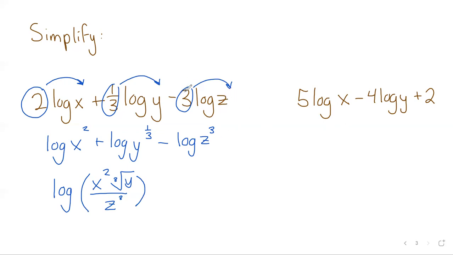Now, there may be a question that comes up about this negative sign here. Is this negative part of the exponent? Just in case you had that question. If you didn't have that question, don't worry about it. So let's say we moved that -3 up to the top. So we started with -3 log z. We moved that all up to the top. So we ended up with log of z to the -3.